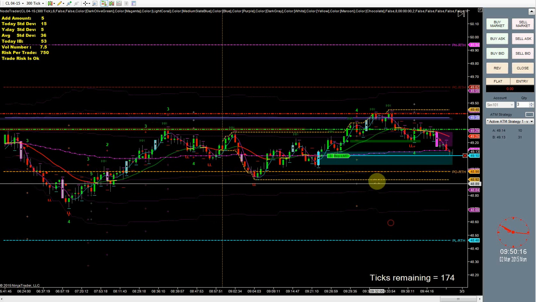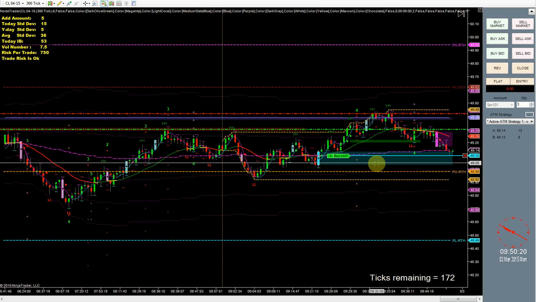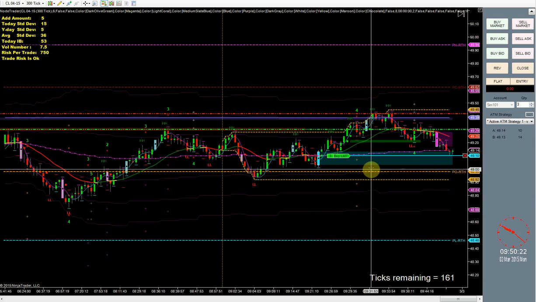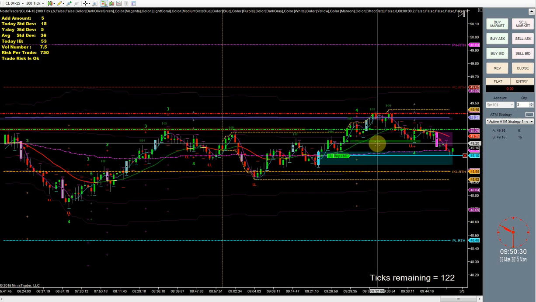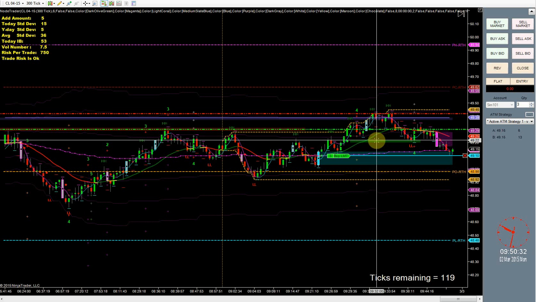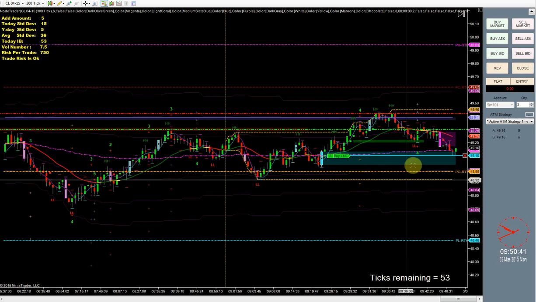We're at 49.10. Our stop would be at 49.00 right here, and our first take profit would be at 20. So before we got to this selling low volume node, we'd be able to hit our first profit target. Only thing now is to see if the market comes down and fills us or not.